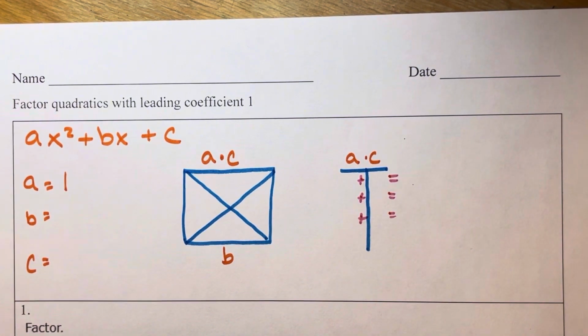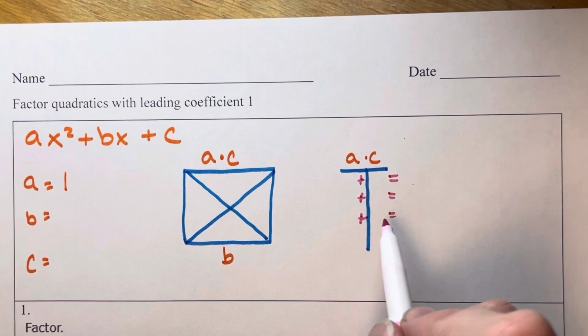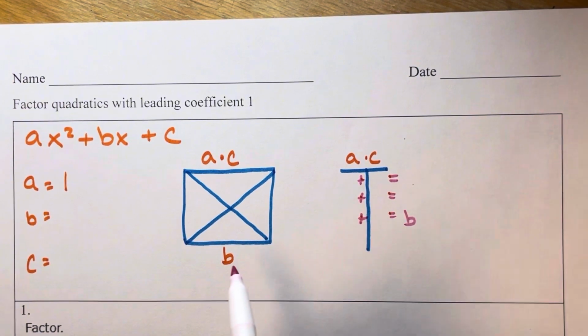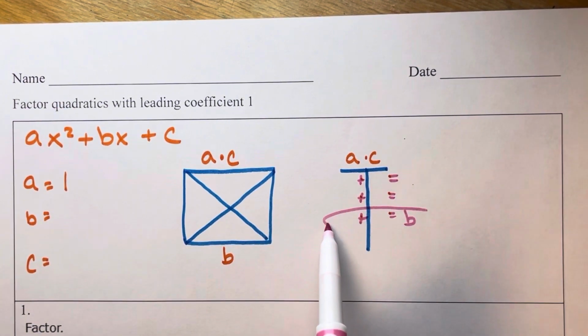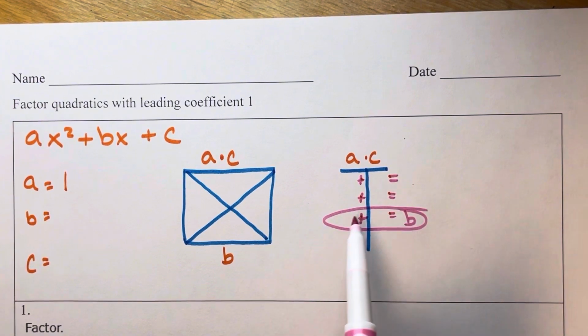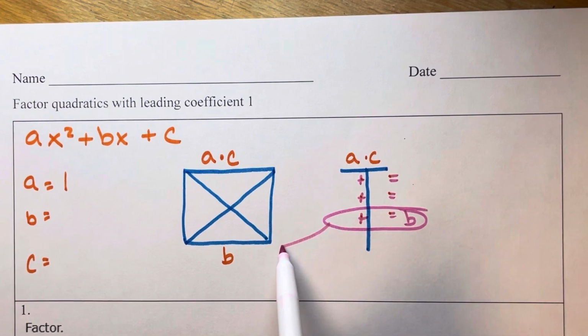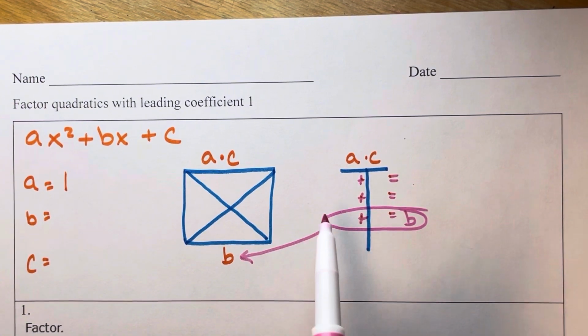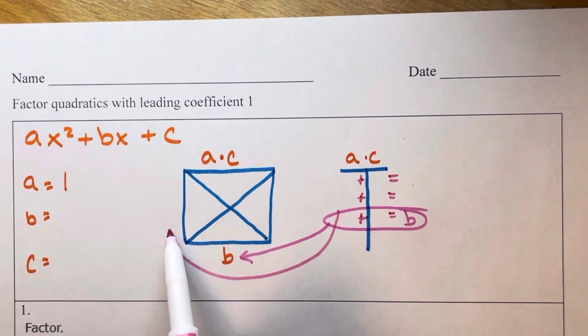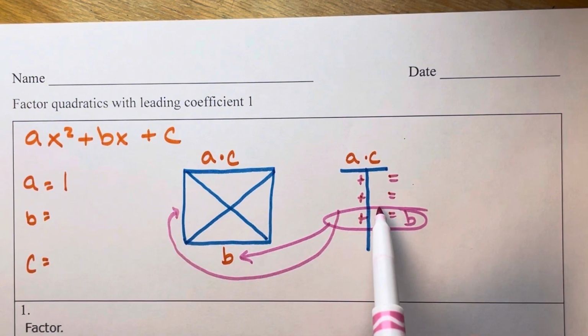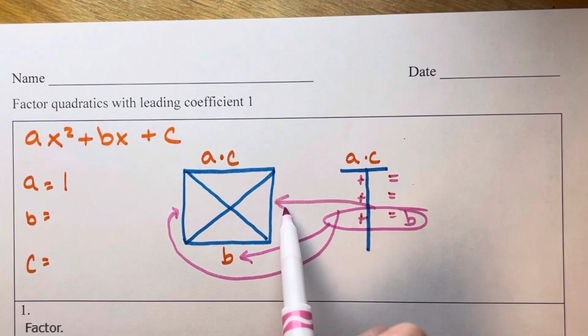But you're looking for the pair that happens to make a sum of that of B. Whatever this sum is down here in our bottom triangle, this B, that's the pair of factors we're looking for. It is from this pair that we are going to now fill in the wings, so to speak, of our box.